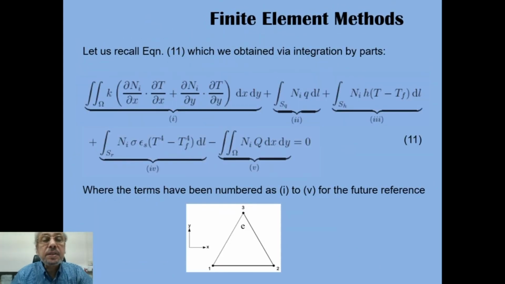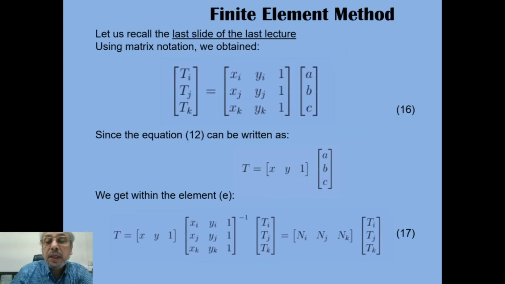So this was equation 11 which we are evaluating, and the first term has already been evaluated. The second, third and fourth terms we'll evaluate a little later, but evaluating the fifth term is very easy. That is why we are taking it up today.